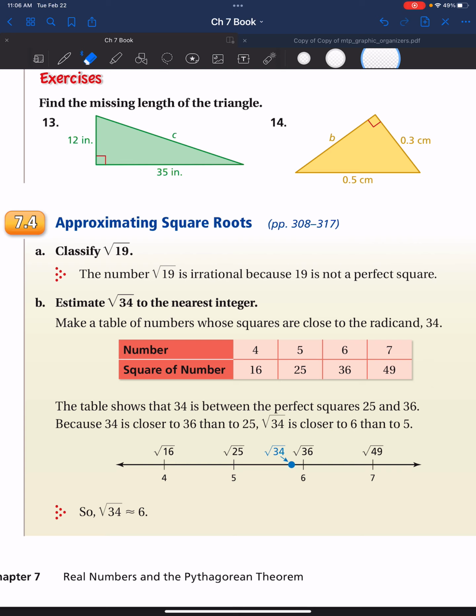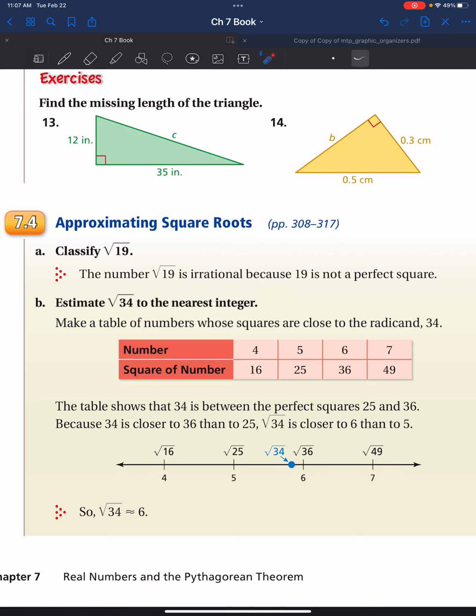If things are irrational, it's because they do not make a nice fraction, right? In your calculator right now, take the square root of 19. What do you get? A very ugly number. 4.358898. Nothing that ends and nothing that I could put as a fraction, right? So because of that, I would say it is irrational. It doesn't fit into any other subcategories.